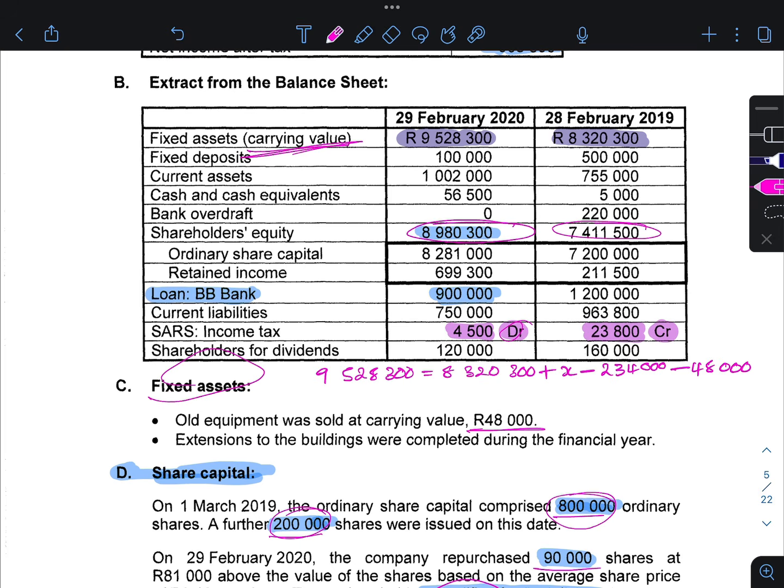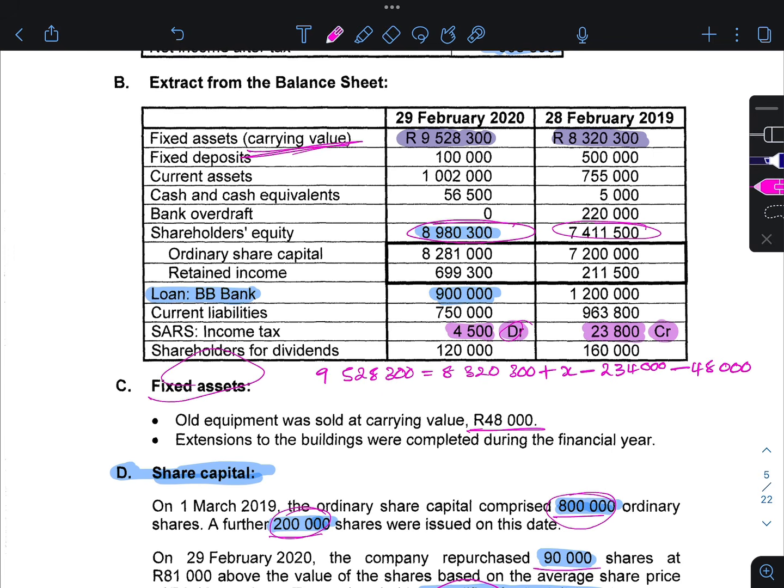Let's just take all these amounts and take them to the other side and change their signs, and that's how you can simply solve for X. All right, so let's see what we get there. We subtract 8,320,300, plus 234, plus 48,000, and that should give, there's a 0 here, so that should give 1 million.